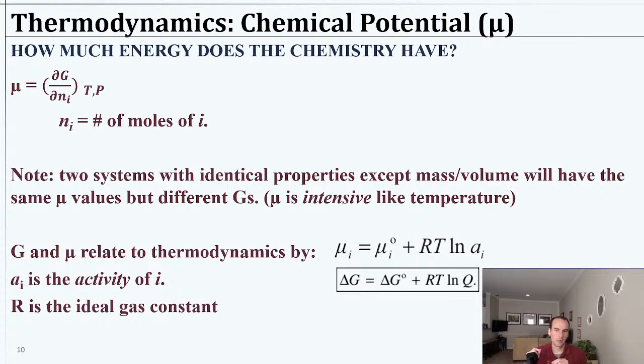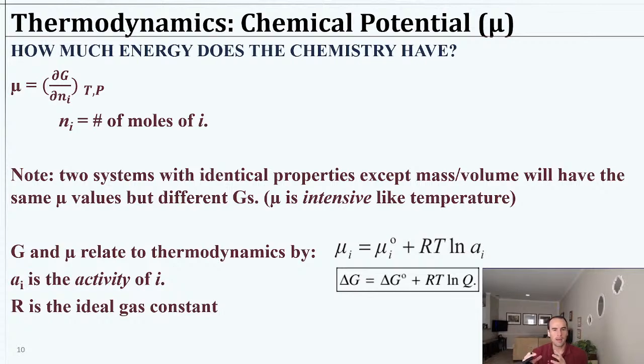So mu here is the chemical potential, and we ought to think about it a lot like gravitational potential, right? We can take a ball and raise it to some height, and now we've increased its potential energy. On a chemistry sense, mu is similar, right? We can raise the potential to a certain amount, and based on the height, in this case, based on the chemistry, it may have some more or less energy.